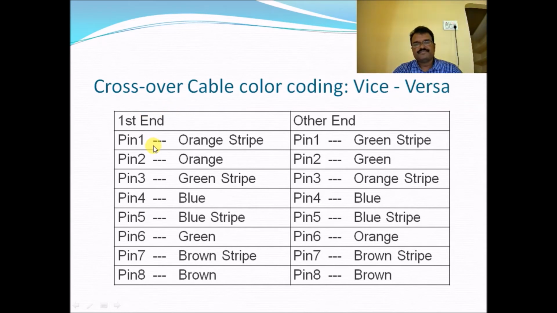Orange stripe, pin 1, is connected to pin 3 on the other end, which is orange stripe. And pin 2 on the first end, this is orange, is connected to pin 6 on the other end, which is orange. Pin 3, green stripe, is connected to pin 1, and pin 1 of the other end to pin 3.